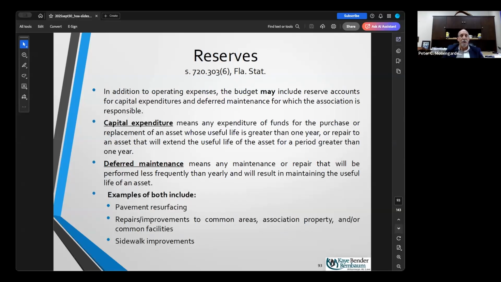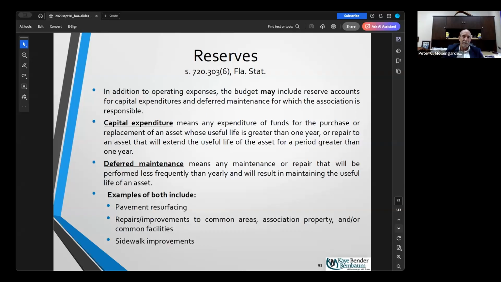In addition, you may include reserve accounts for capital expenditures and deferred maintenance. Okay, what's a capital expenditure? That means any expenditure of funds for the purchase or replacement of an asset whose useful life is greater than 1 year, or repair to an asset that will extend the useful life of an asset for a period of greater than 1 year. Deferred is any maintenance or repair that will be performed less frequently than yearly and will result in maintaining the useful life of an asset.